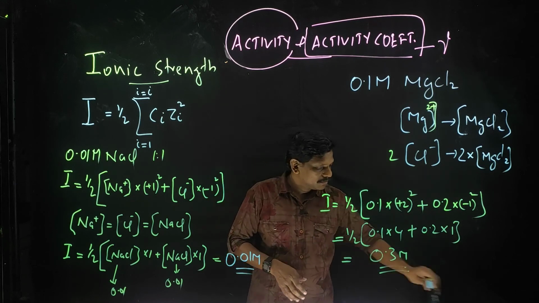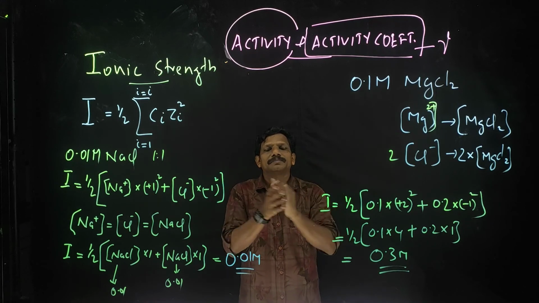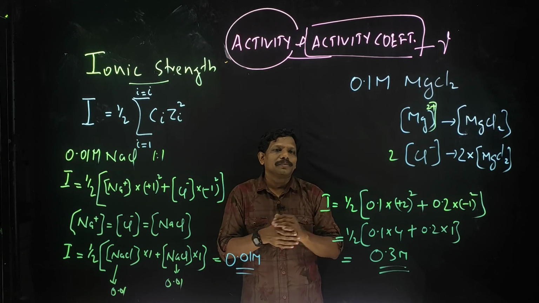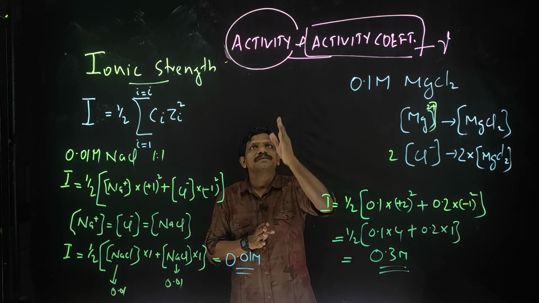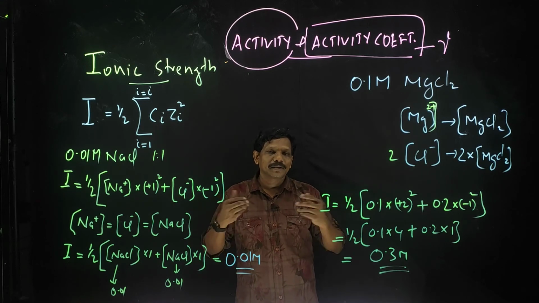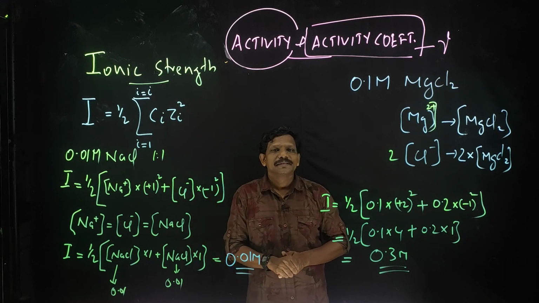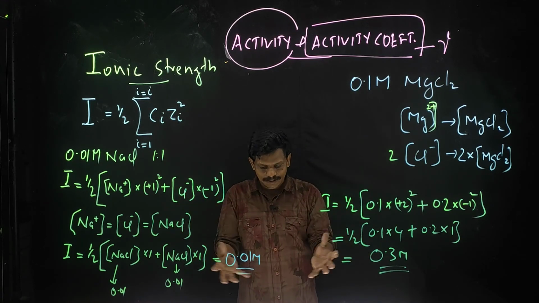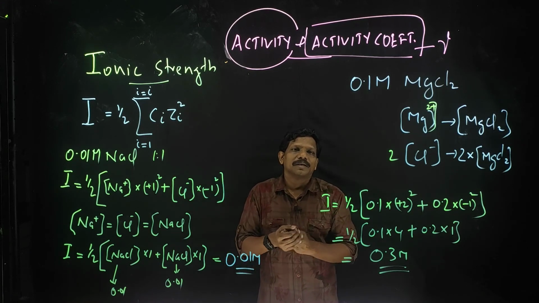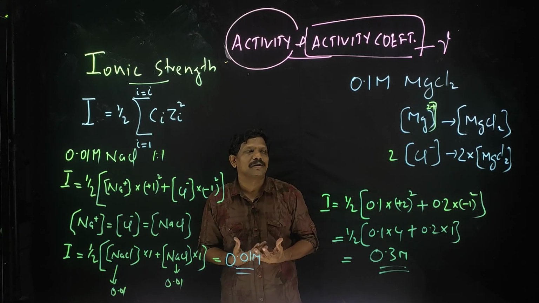Please refresh once again. I already told you many terms today: the activity and activity coefficient, and another important term, the mean activity coefficient, and ionic strength. All these things we need in electrochemistry, because electrochemists are dealing with electrolyte solutions.